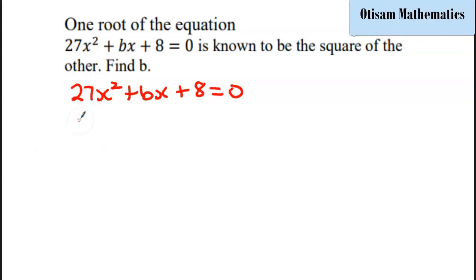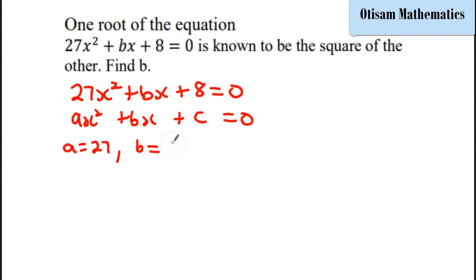So let's compare it with the standard equation, which is ax squared plus bx plus c is equal to 0. So our a is 27, our b is still b, our c is equal to 8.